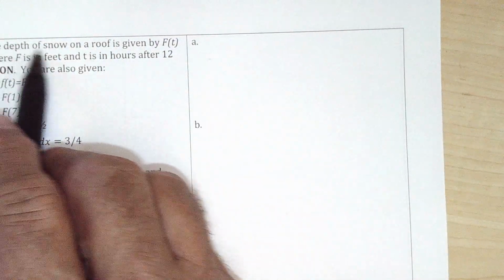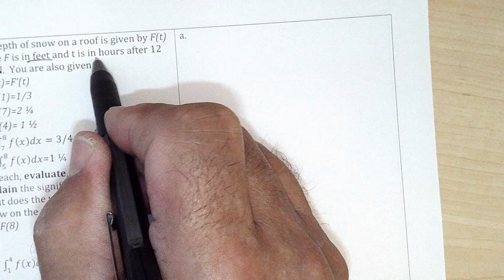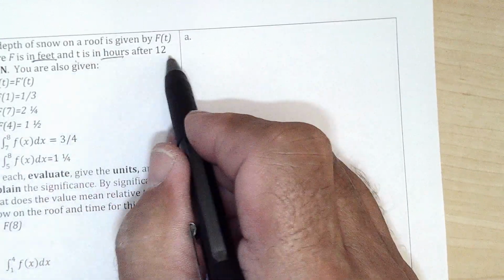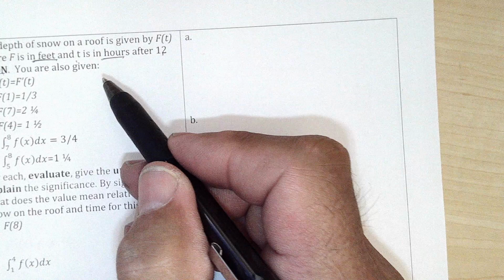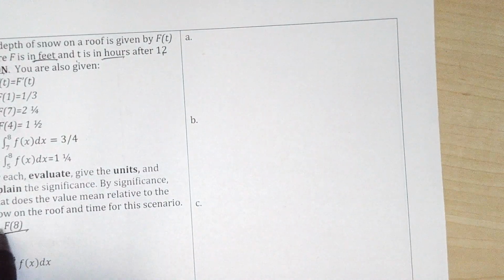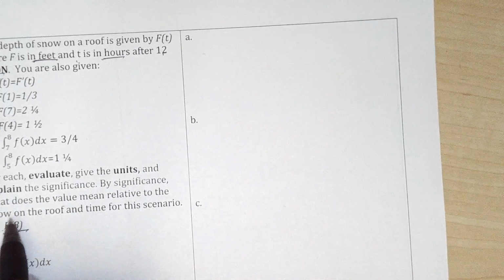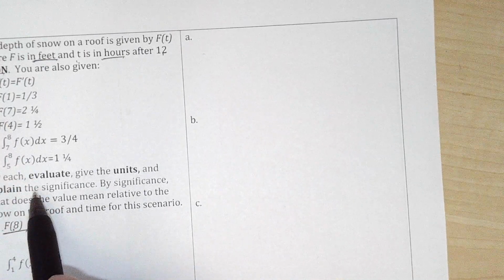Okay, page 2. So the snow depth in feet, and time is in hours, and we're going from 12 noon. And we're supposed to figure out the total amount of snow at 8 p.m., 8 hours after noon.